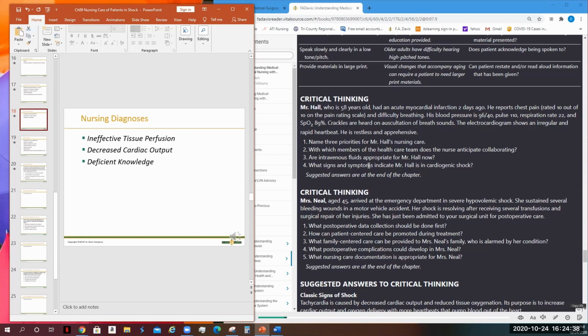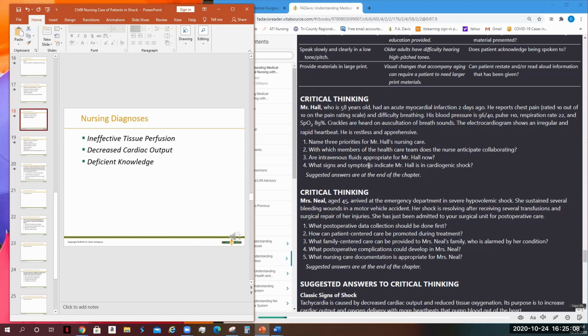So, name 3 priorities for Mr. Hall's nursing care. Number 1, nursing priorities for Mr. Hall include adequate tissue perfusion, relief of chest pain and anxiety, and stabilization of cardiac rhythm and vital signs. Number 2, with which members of the healthcare team does the nurse anticipate collaborating?